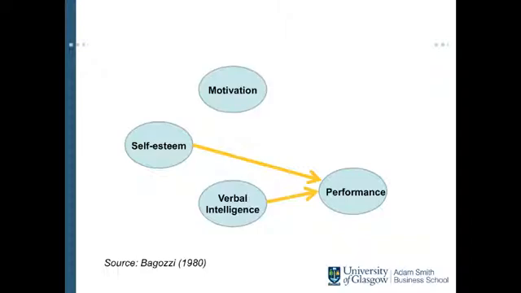He also suggested that a person's motivation plays a role because it influences satisfaction, which in turn affects performance. In fact, he argued that there is a recursive relationship between satisfaction and performance. The more satisfied you are, the better you perform, and vice versa.